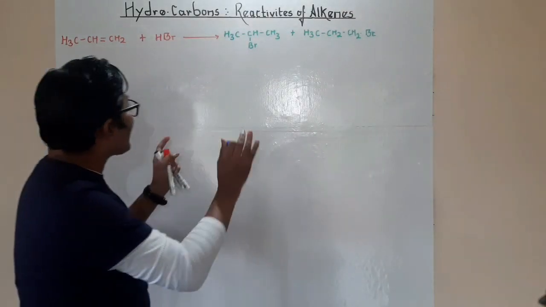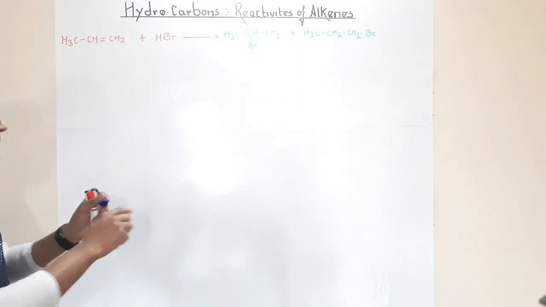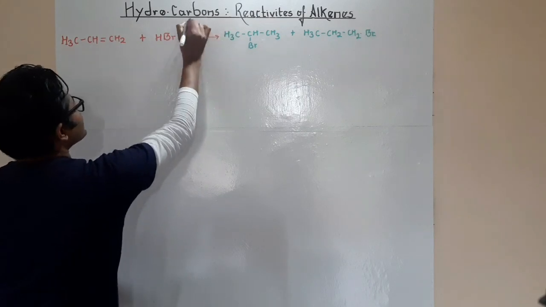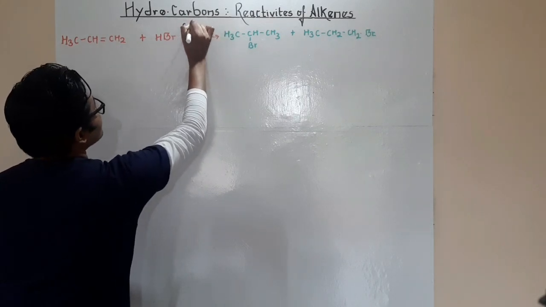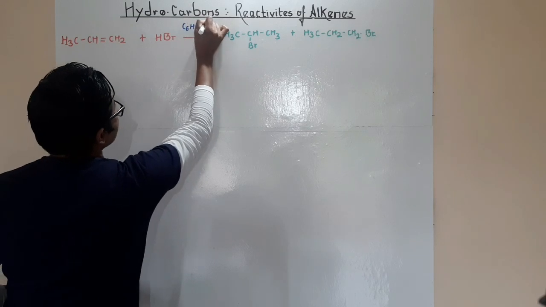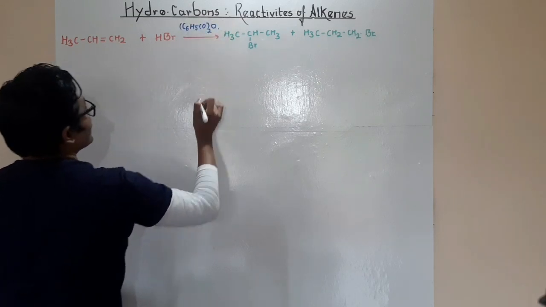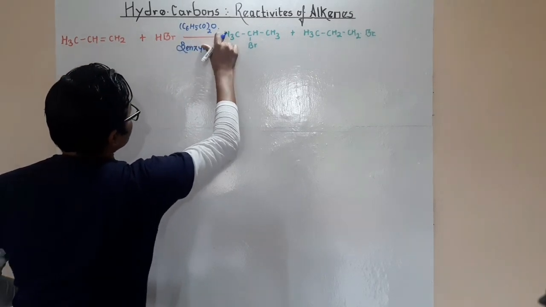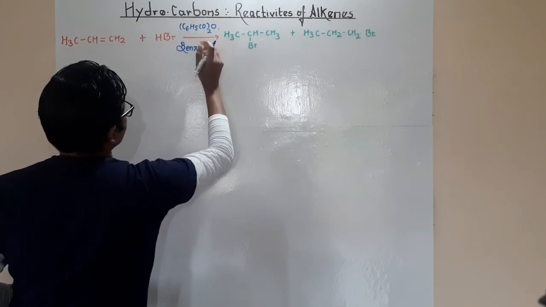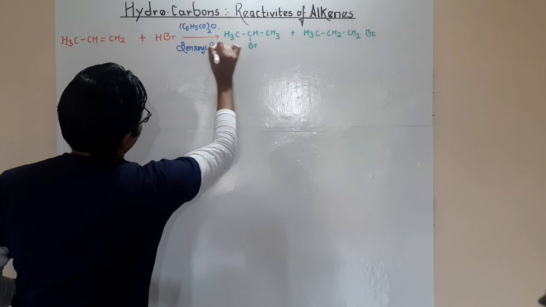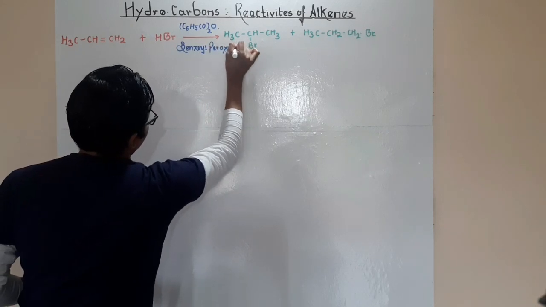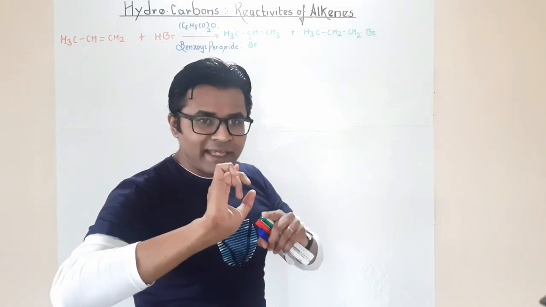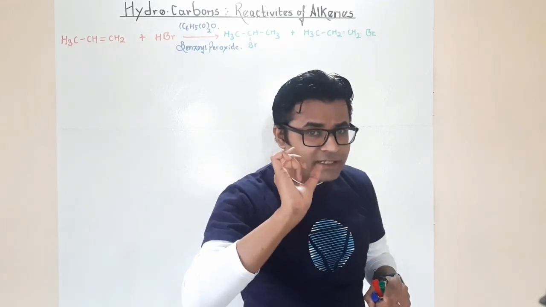But in case this same reaction occurs in the presence of peroxides, such as benzoyl peroxide, (C6H5CO)2O2, the entire reaction, whatever products you are going to get, is going to change.